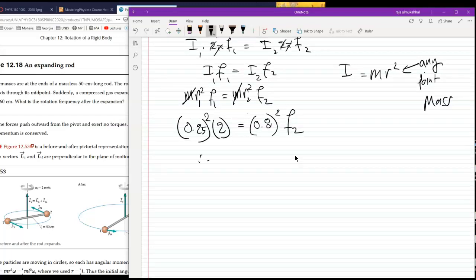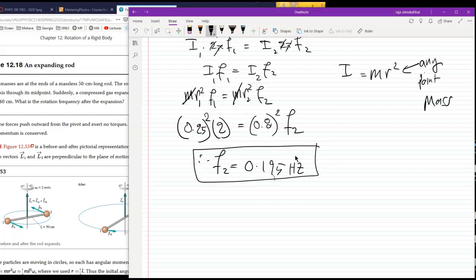That's it. So therefore, you just solve for f2, and that should give you the answer. From the book, it should be 0.195 hertz. Okay, and there we go.